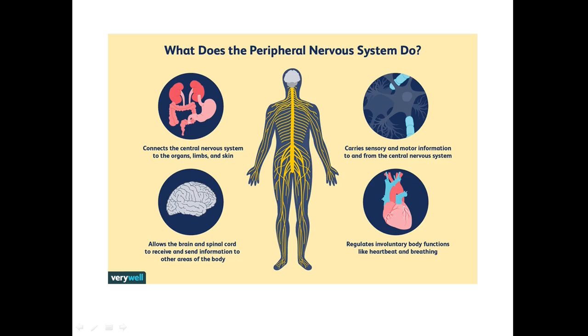It carries sensory and motor information to and fro from the central nervous system. It carries the impulses from sense organs to the brain and from the brain to the muscles or glands. It regulates involuntary body functions like heartbeat and breathing.